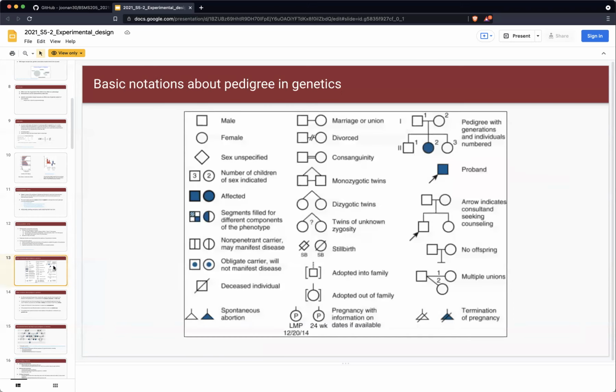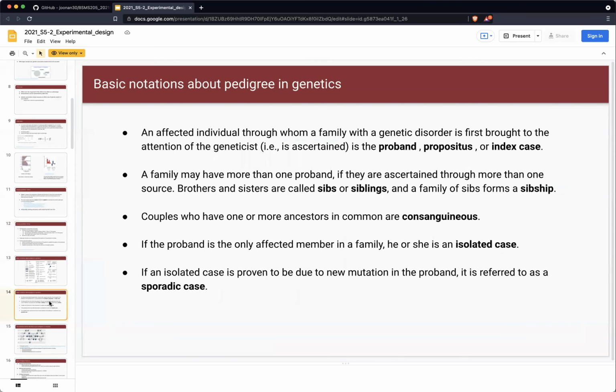There is some notation describing the pedigree in genetics. If you are super keen on clinical genetics or the diagnostic field, then you can read the manual. Some of the basic notations describing the family in genetics, which you probably found in a Science paper, include proband or propositus.